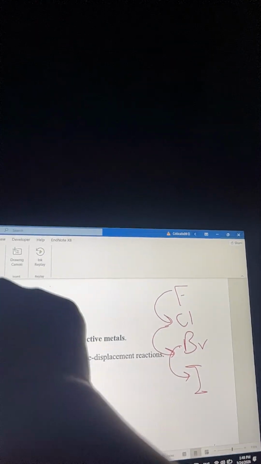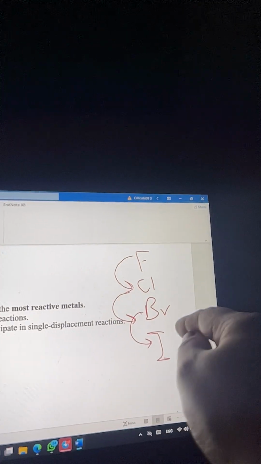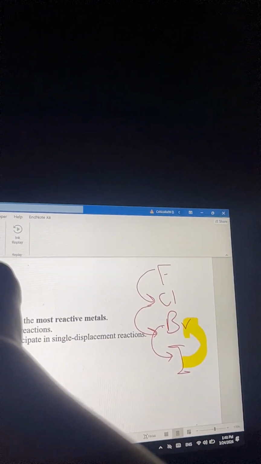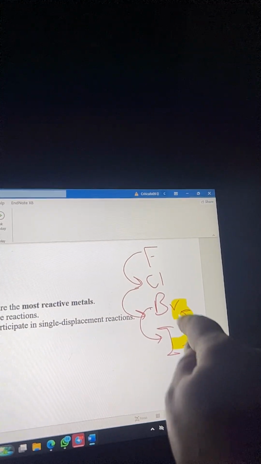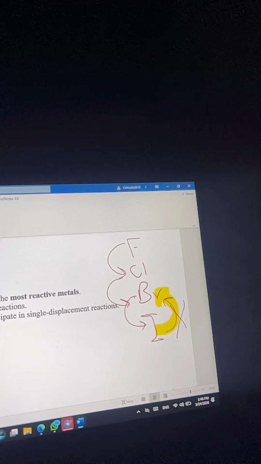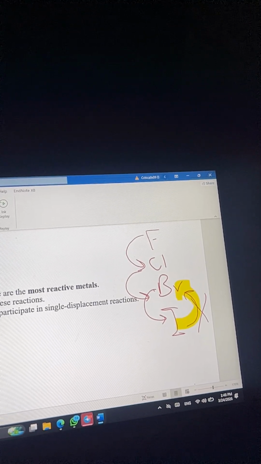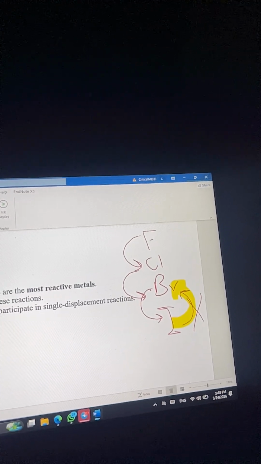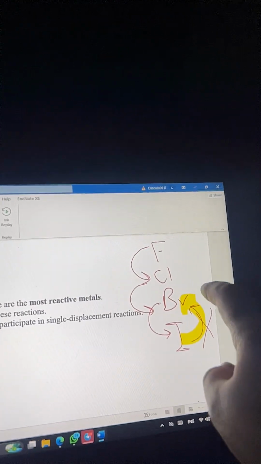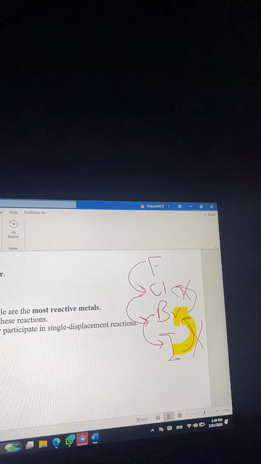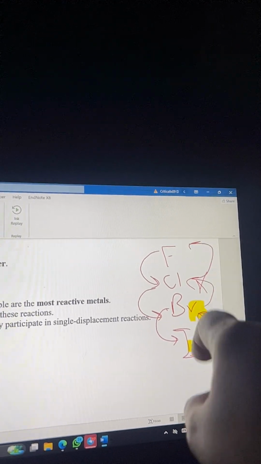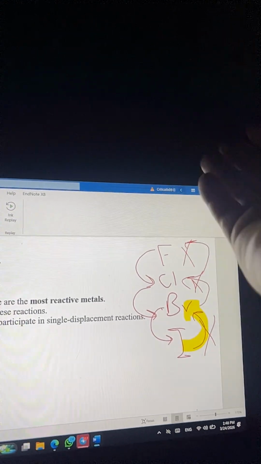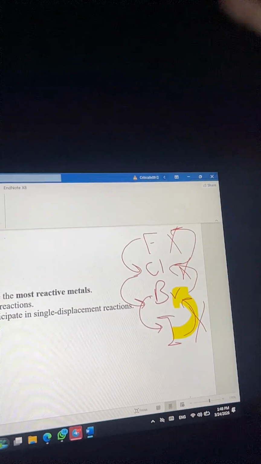But iodine cannot replace bromine, because iodine has less reactivity than bromine. So the less reactive cannot replace the higher one. Bromine cannot replace chlorine. Chlorine cannot replace fluorine. Iodine cannot replace bromine, chlorine, or fluorine. Why? Because it has the least reactivity.